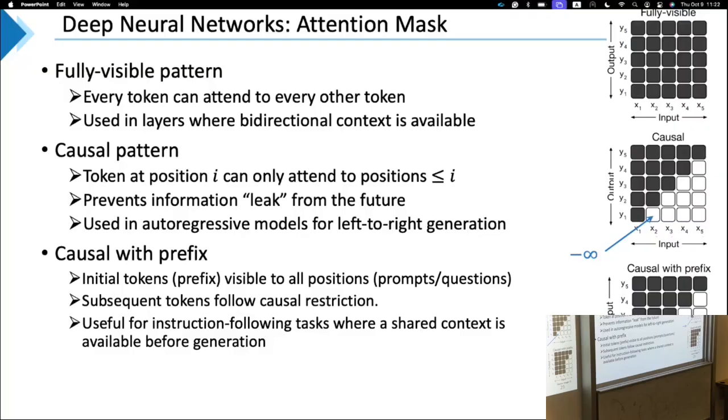It's more natural for some real applications. Let's say you have input prompts, you have a question and you try to answer it. You set the fully visible mask on the question provided by users, and you use the causal mask to do the autoregressive generation, which enforces the causal mask.